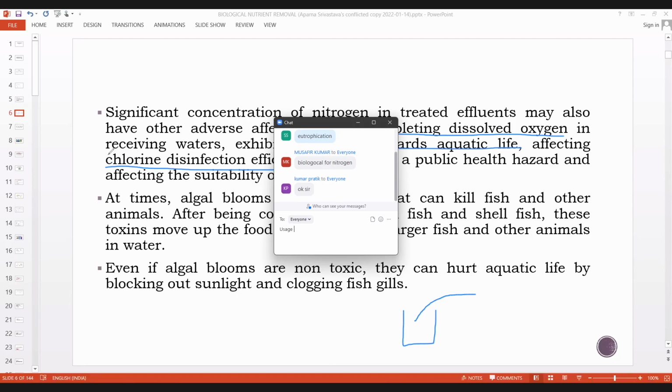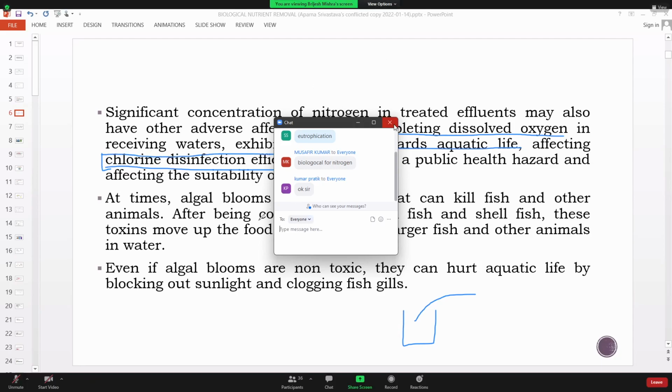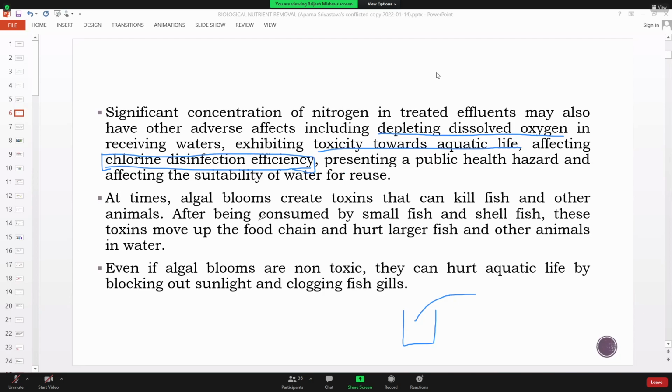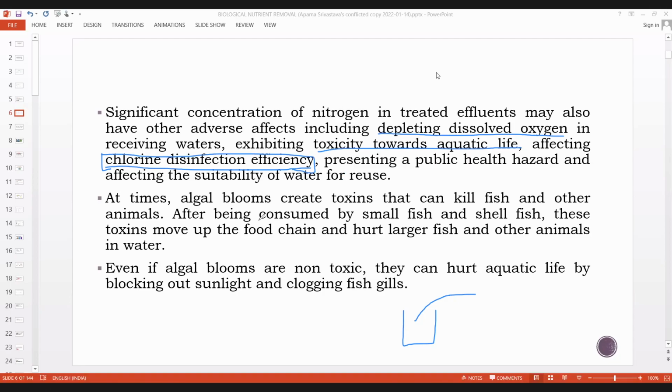Chloramines will be formed, and if it is drinking water where you apply it again, a lot of problems are going to be created, presenting a public health hazard and affecting the suitability of water for reuse. So these are the common problems.